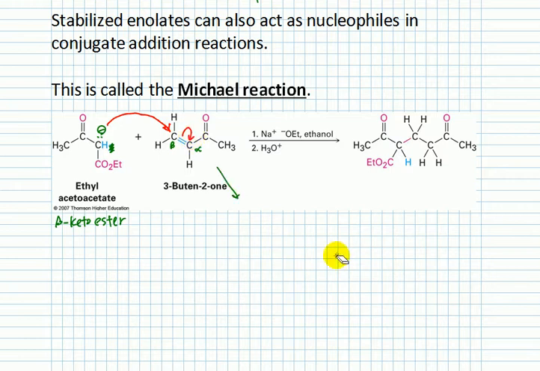What we get just from doing this direct addition is C double bond O. The alpha carbon of the enolate here still has that ester group, right? Attached C double bond O, OEt, still has an H attached. The new carbon-carbon bond forms between the alpha carbon of the enolate and the beta carbon of the enone.